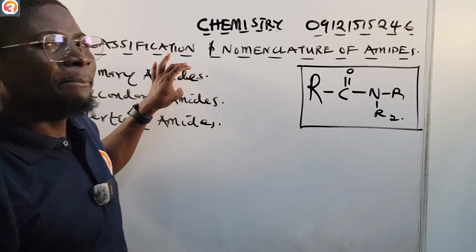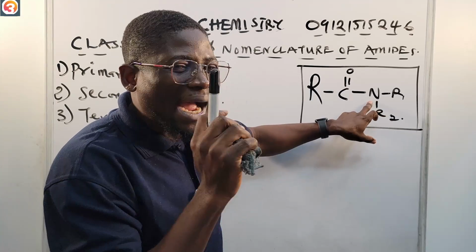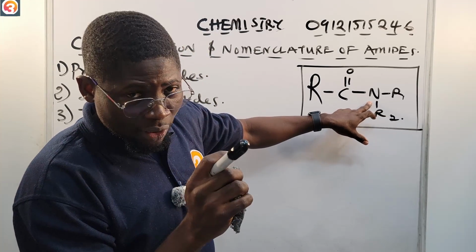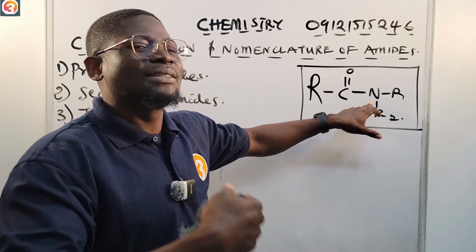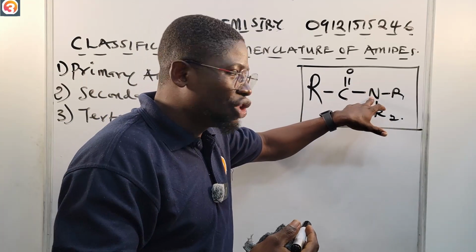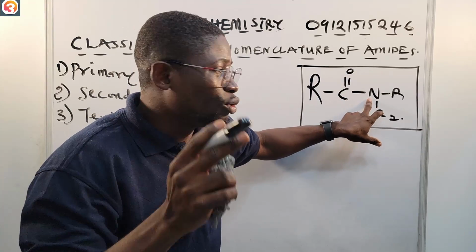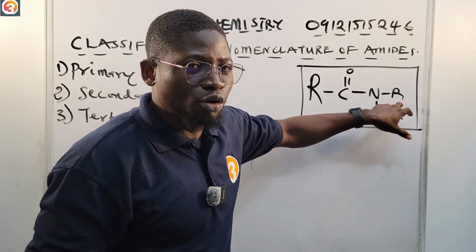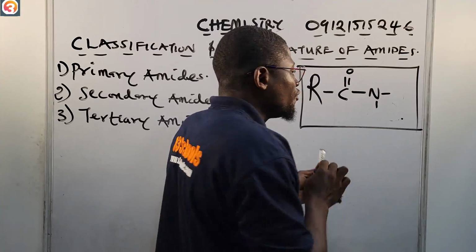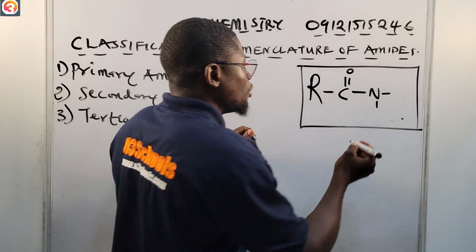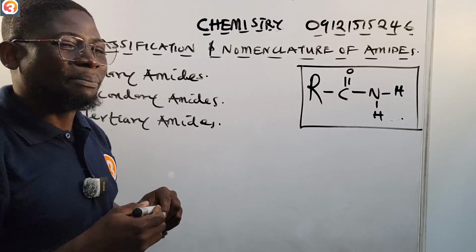Now for primary amides, the nitrogen is bonded to two hydrogen atoms. Or let me just say a primary amide is one where the nitrogen that is bonded to the carbonyl carbon is directly bonded to two hydrogen atoms. So instead of having two R groups here, R1 and R2, for a primary amide we are going to have a hydrogen atom and a hydrogen atom. So this is how we represent primary amides.